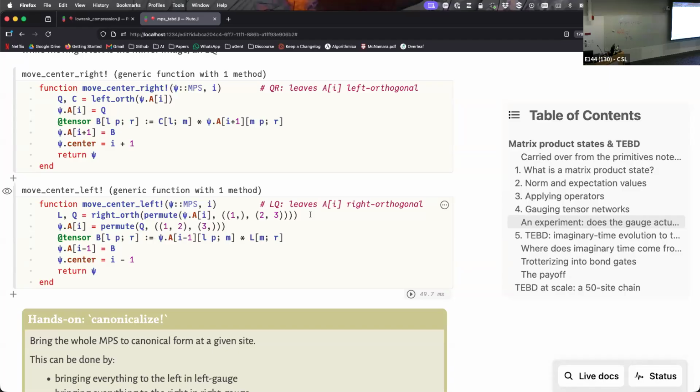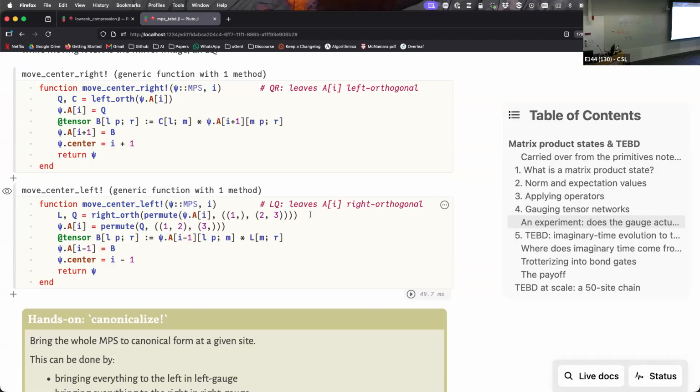Yeah, it does. What makes an SVD optimal is you start from a matrix, you select an orthogonal basis on the left, you select an orthogonal basis on the right, and then you have the singular values which give you the weight for each of these basis states.